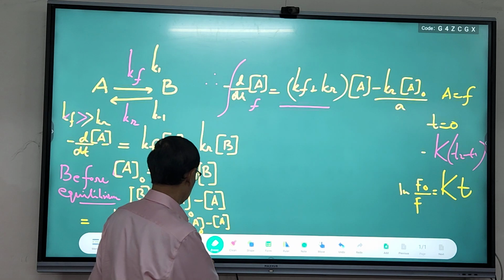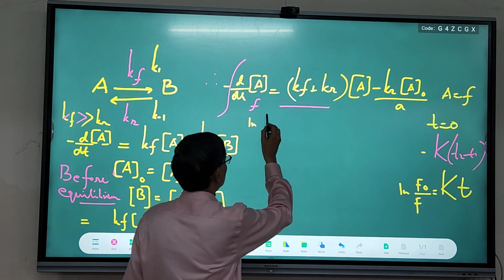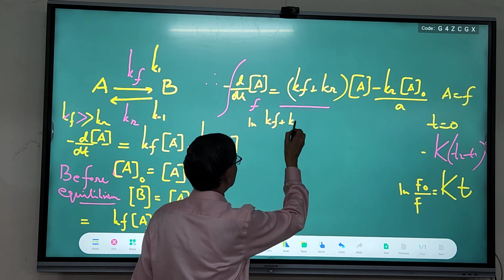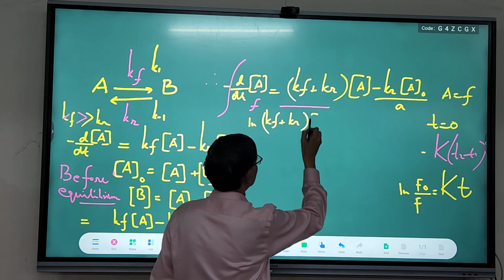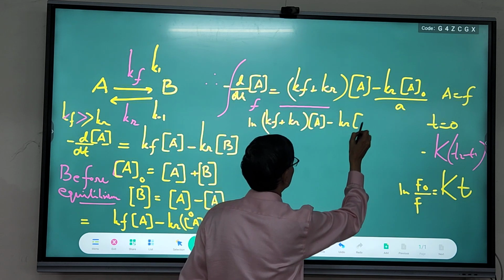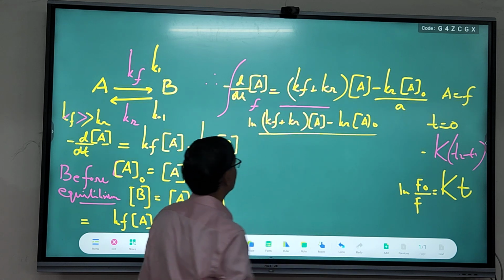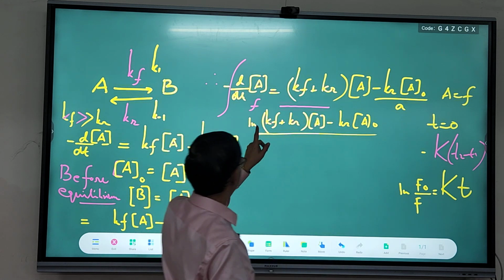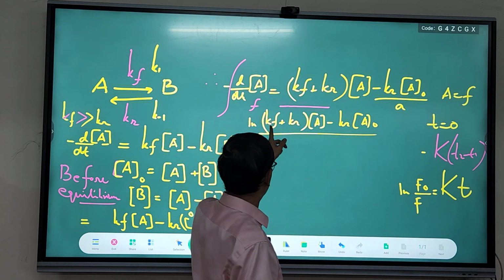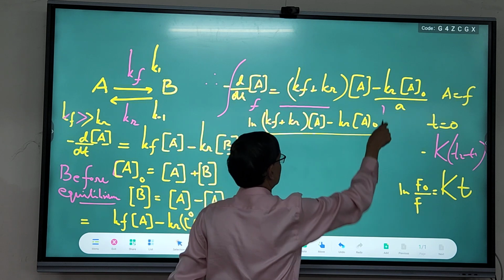Last step, natural log of F0. So you can write everything Kf plus Kr A minus Kr A0, everything divided by F2 by F1. So natural log, Kr is cancelled with this. So Kf A0, because at the starting point it is 0.